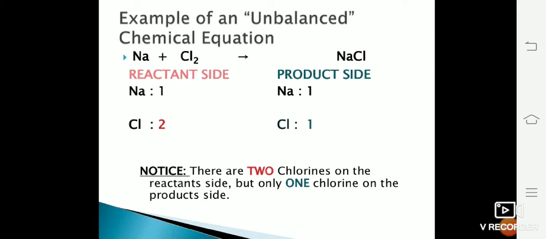When you are writing the atomic mass number and atomic number of an element, you write the atomic mass number in the superscript and the atomic number in the subscript. Here you cannot do it. You have to write the numbers in front of the element. When you are changing the number of atoms in front of any compound, the number is applicable for the entire compound.